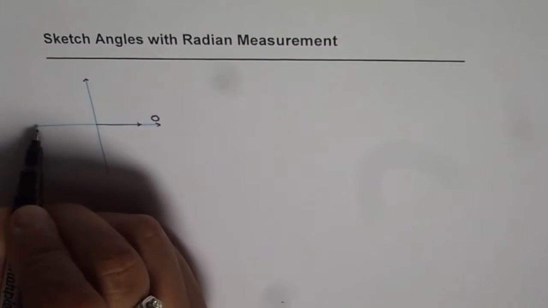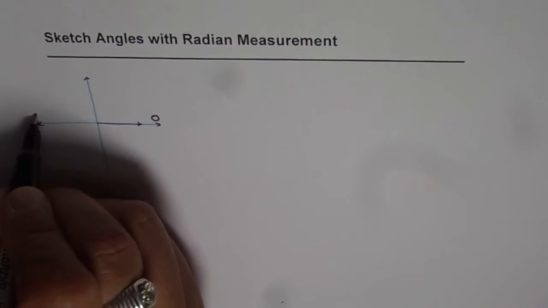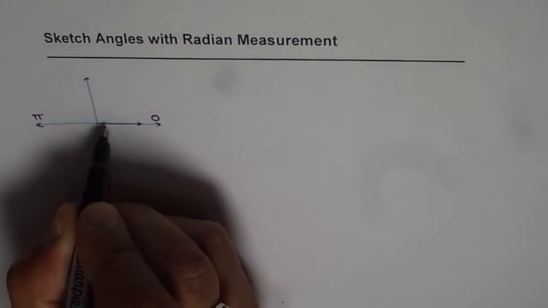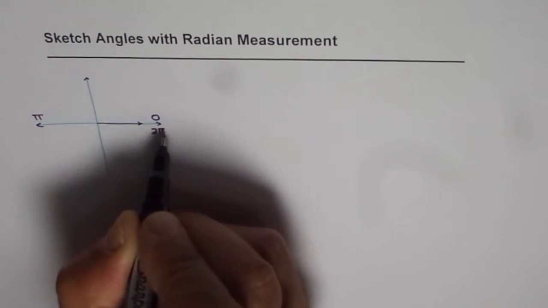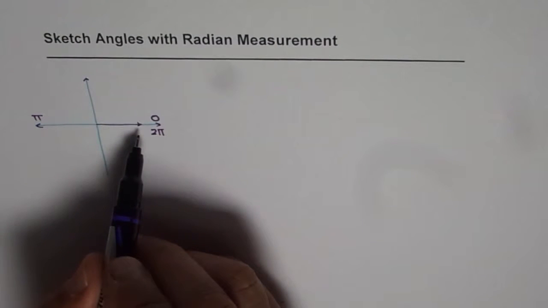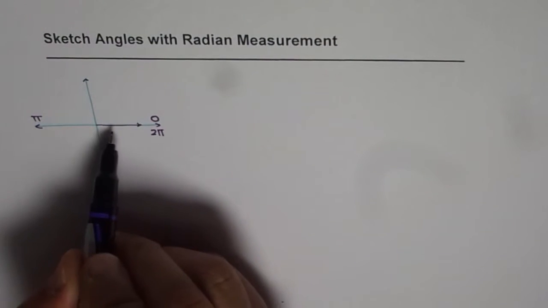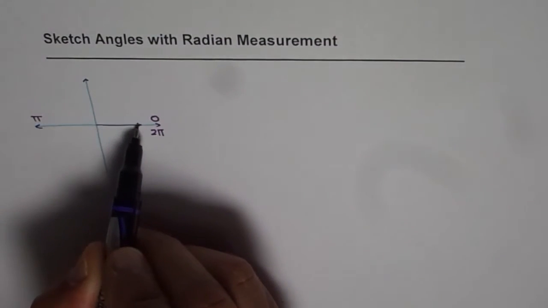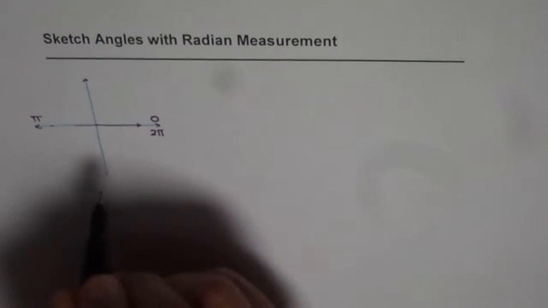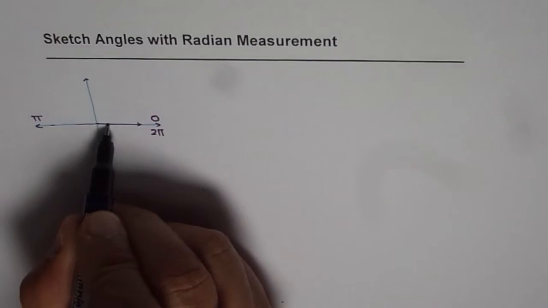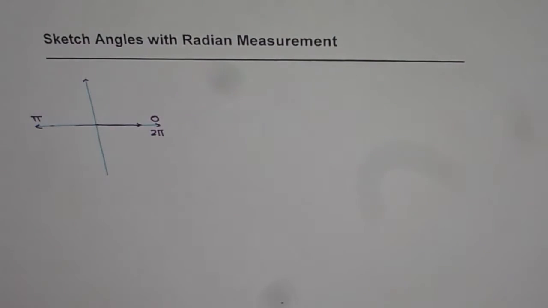If this is 0, then that side gives us pi radians, and one full circle gives us 2 pi radians. So in radians, 0 radians is just this line. Pi will be a straight line, correct? And 2 pi will be coinciding with this.